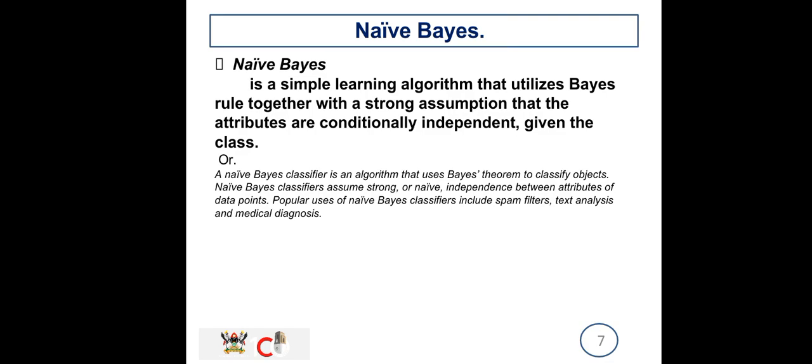And naive Bayes is just a simple learning algorithm that utilizes Bayes' rule together with a strong assumption that the attributes are conditionally independent given the class. You may say it's just a classifier, an algorithm that uses Bayesian theorem to classify objects and so forth.